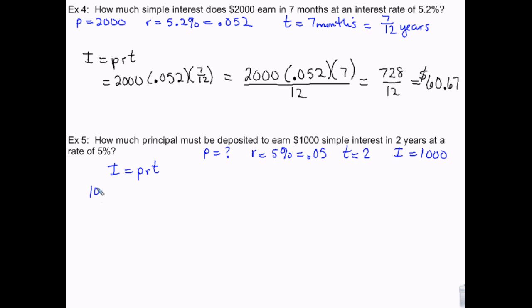So I plug that in this way and solve for the missing variable. So 1,000 is equal to 0.1 P. Let me just double check myself. Yeah, 0.1 P. And then I'm going to divide both sides by 0.1. So if I wanted to earn $1,000 in 2 years, I would have to have initially deposited $10,000.